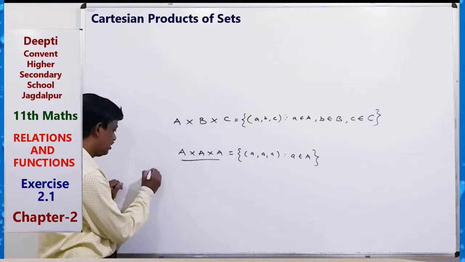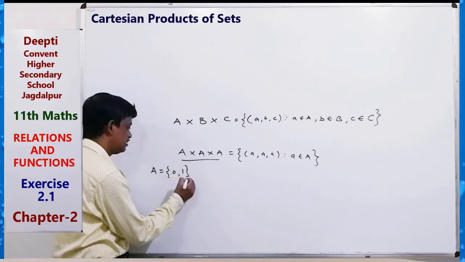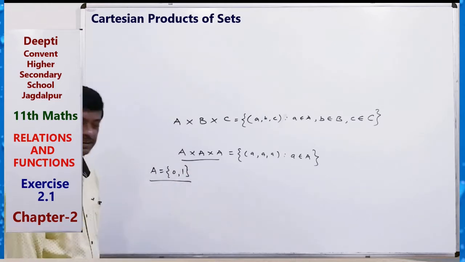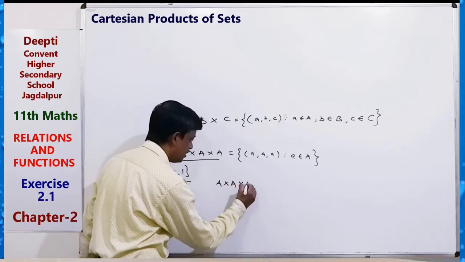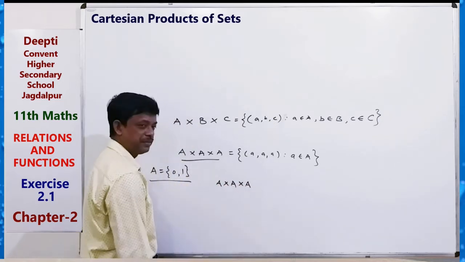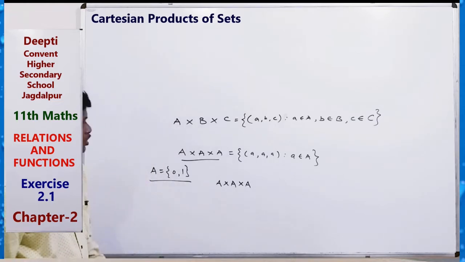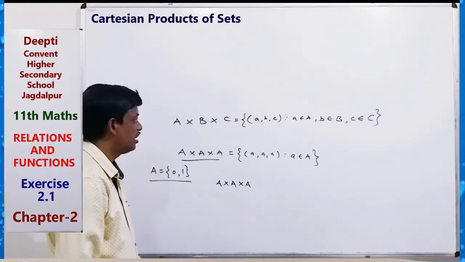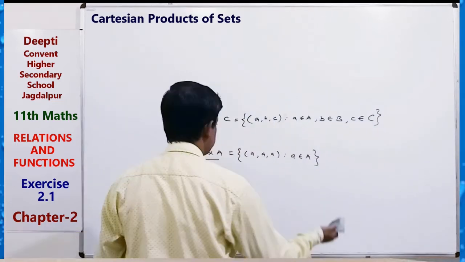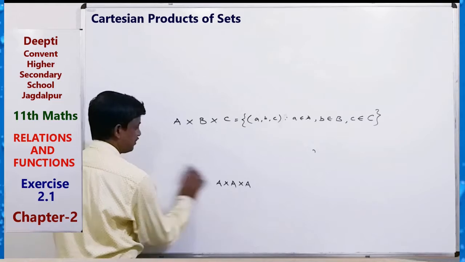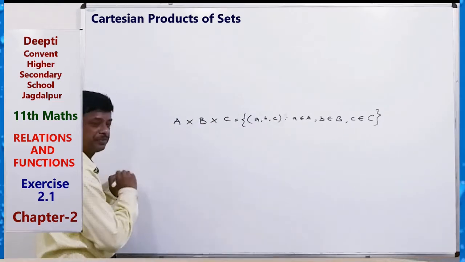Suppose A equals {0, 1}. This is a set. Now we are trying to find A cross A cross A. So first of all, how can we find it? Just see here for writing.